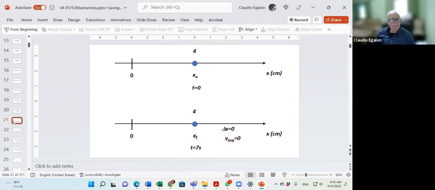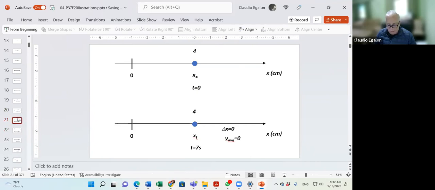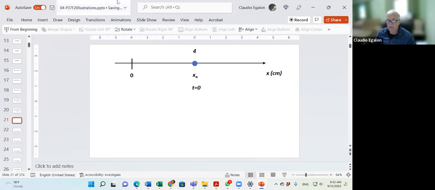If I'm going to play the movie, like I like to do, I will do it this way. I would start with the particle initially at position 4 centimeters, time t equal to 0. So that's going to be x naught.